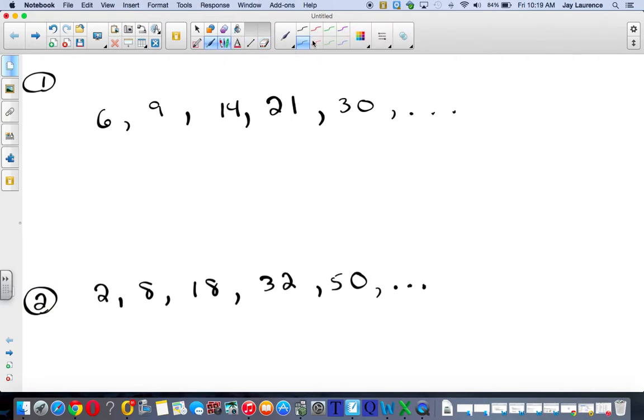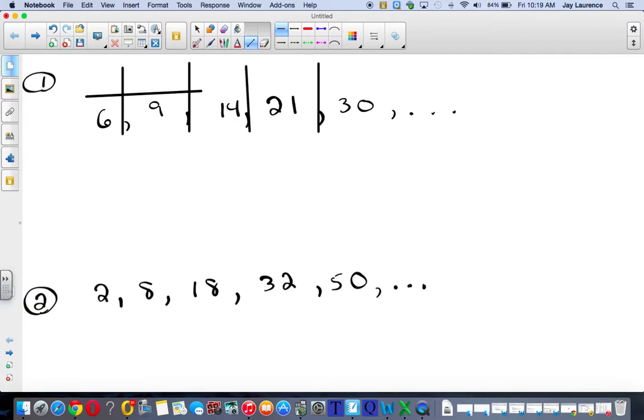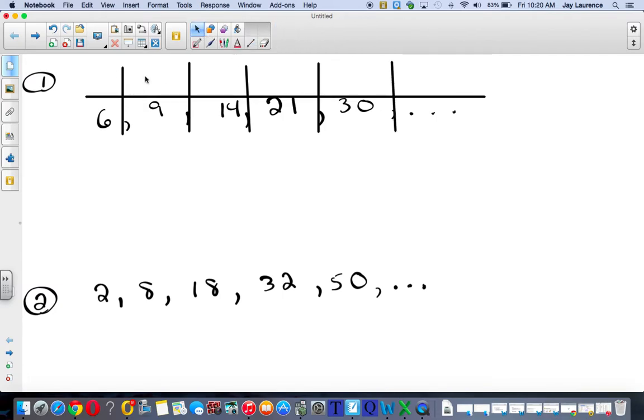All right, so let's go find a function to describe this sequence of numbers. Making my little table, right? That way I won't have to redraw this every time.